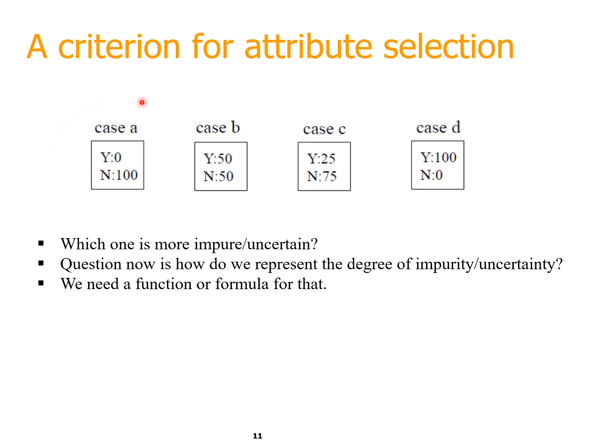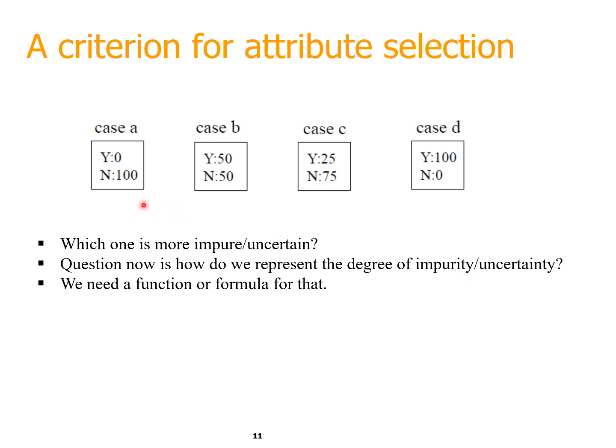Suppose we have a function which computes the degree of impurity, then the output of the function should be very low in this case, because this case is very pure, very certain. So the degree of impurity should be very low.